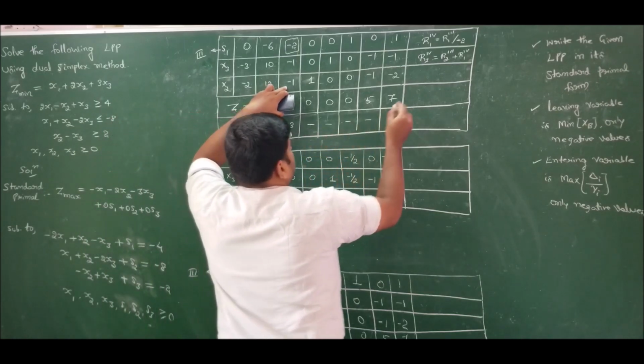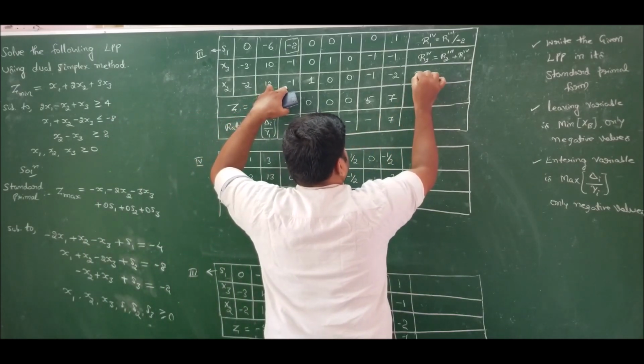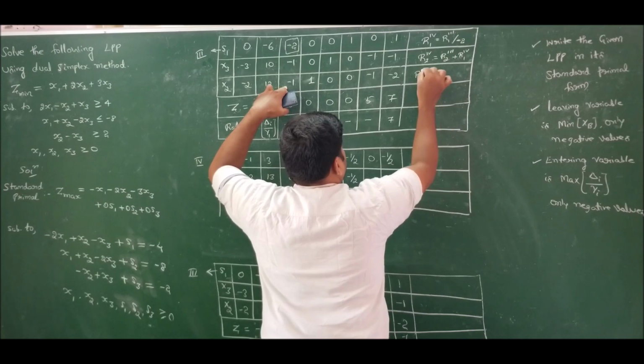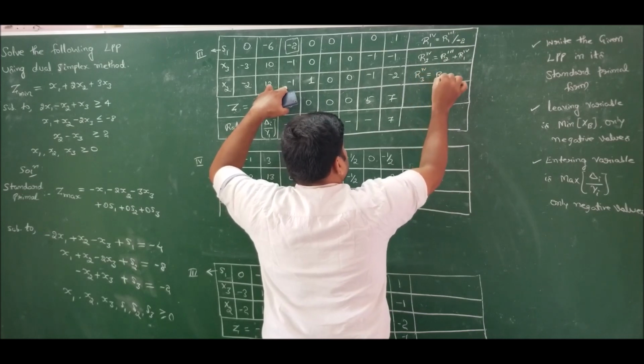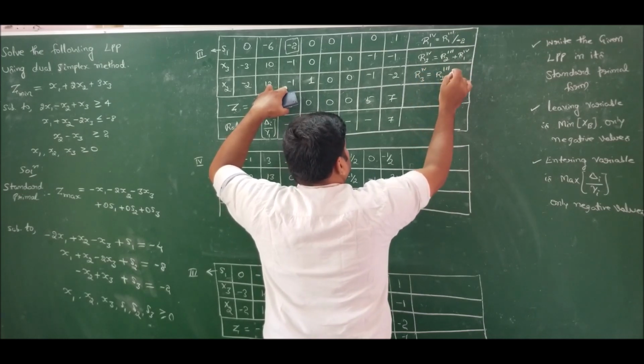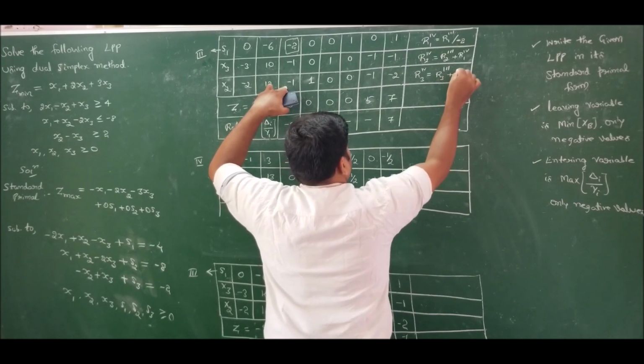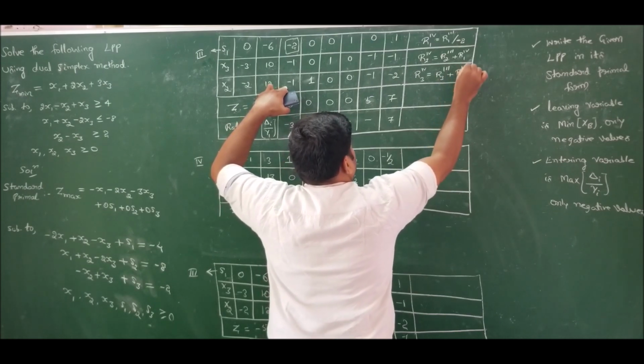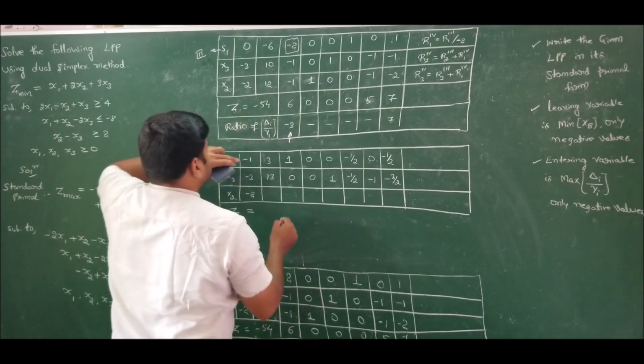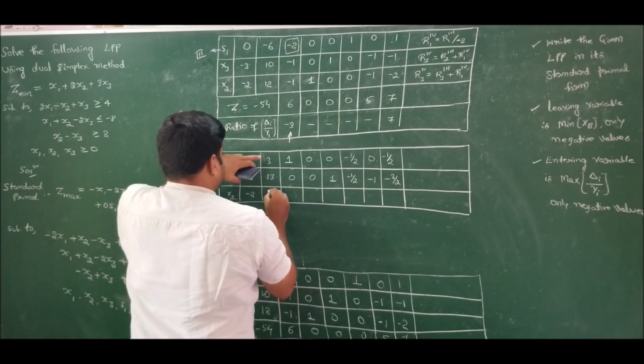Next, here also we have minus 1. Again just addition. R3 of step 4 is R3 of step 3 plus R1 of step 4. So 12 plus 3 is 15.